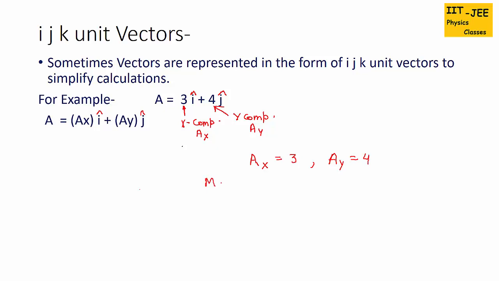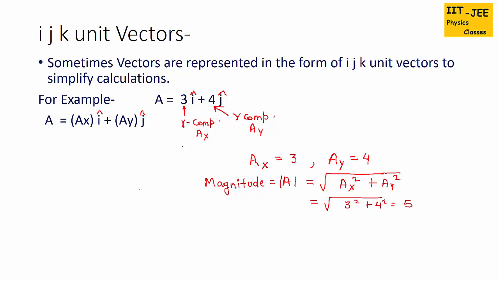For the magnitude we can use the Pythagoras theorem. Magnitude of vector A, which is also called mod A, is the square root of ax squared plus ay squared. This will give us 5. So the magnitude of vector A is 5, and for the direction we need to find the angle theta.